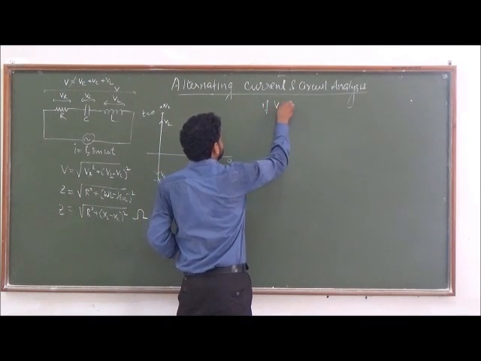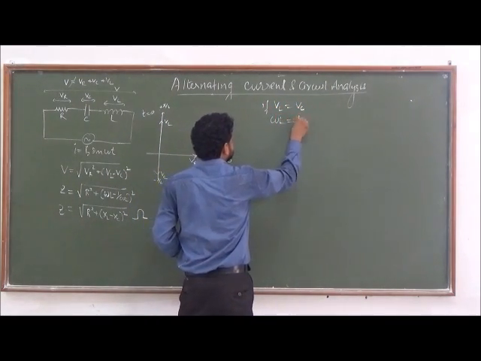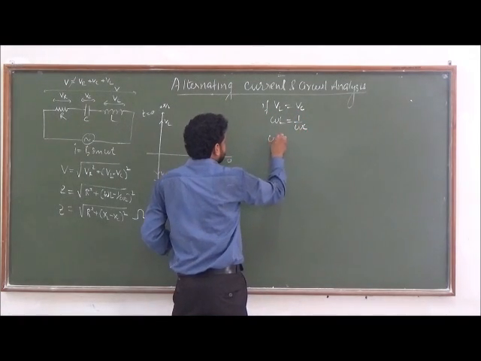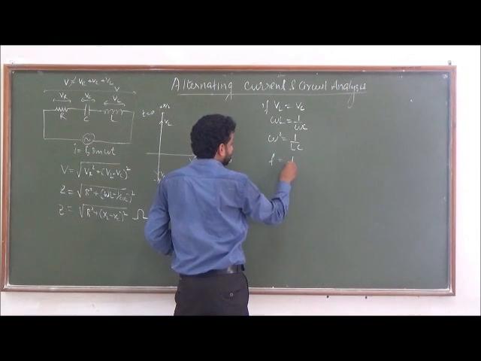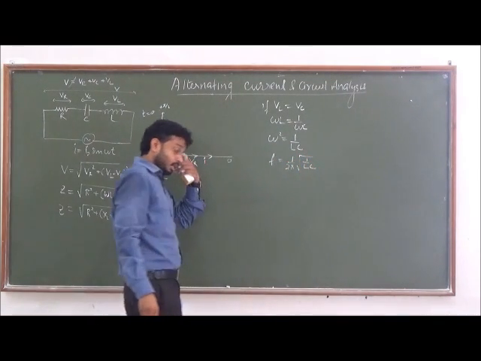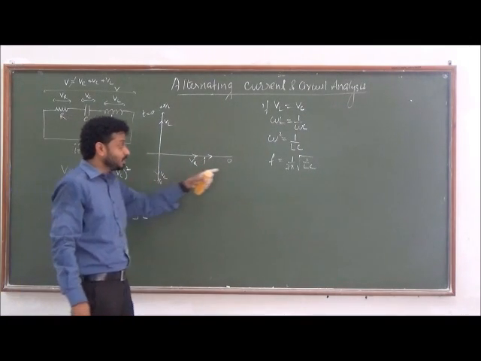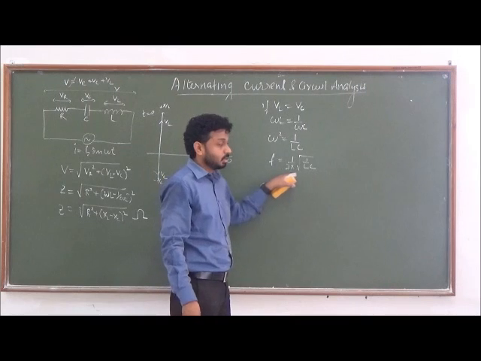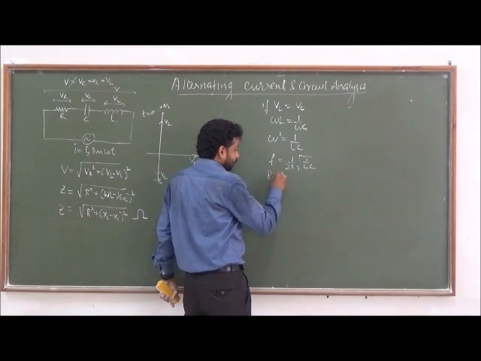If VL becomes equal to VC, that is omega L becomes equal to 1 by omega C, that is omega square equals 1 by LC, that is frequency equals 1 by 2 pi root over 1 by LC. That means when you feed a current in such a way that the frequency of the current matches with this value, then we have arrived at a condition called resonance.